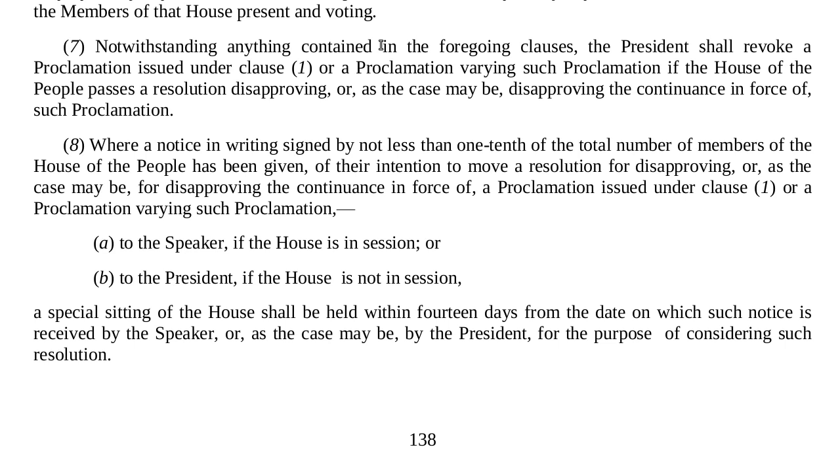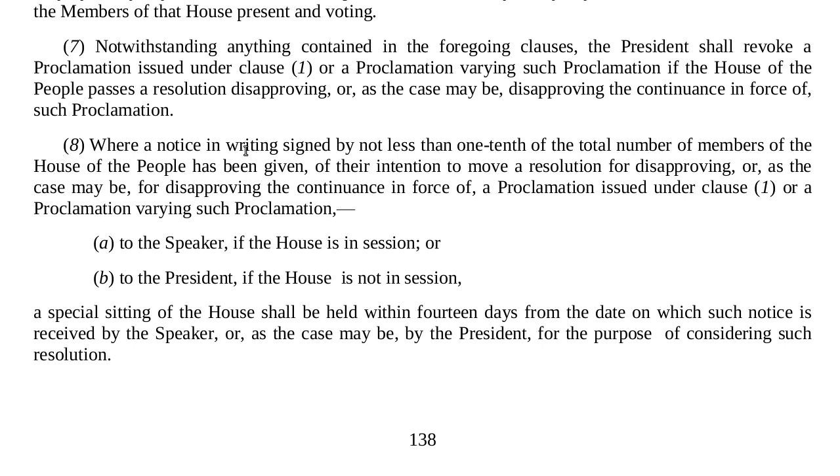Notwithstanding anything contained in the foregoing clauses, the President shall revoke a proclamation issued under clause 1 or a proclamation varying such proclamation if the House of the People passes a resolution disapproving, or as the case may be, disapproving the continuance in force of such proclamation.